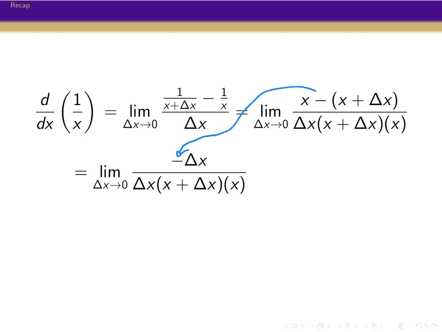We have delta x on top, minus delta x on top, and then delta x times our old common denominator on the bottom. Going through, everything on the bottom is multiplied by delta x. There's a delta x on top. They're going to cancel each other off, and the top's going to turn into minus 1.